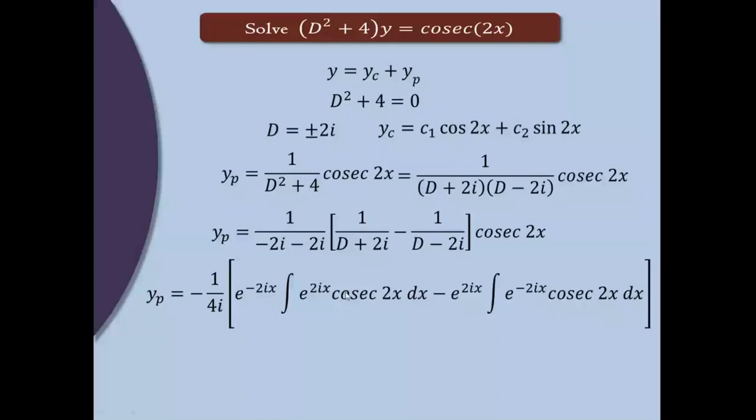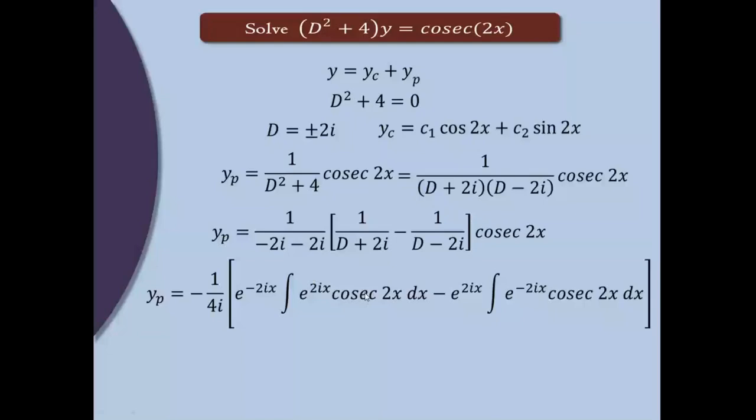A direct formula for this is also not known. So try to simplify it. Try to convert this integration into a single form. This is exponential, this is trigonometric. Check whether this can be converted to exponential or this exponential can be converted to trigonometry.